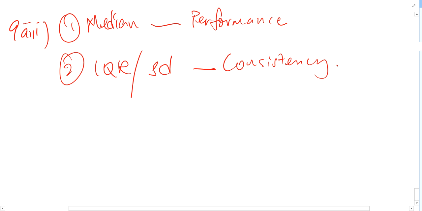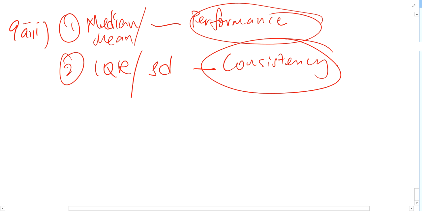For our statistic questions, we always compare these 2. I have never ever seen a question that requires us to compare anything else. We can also use mean instead of median. We always talk about performance and consistency.